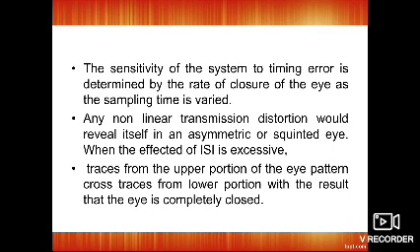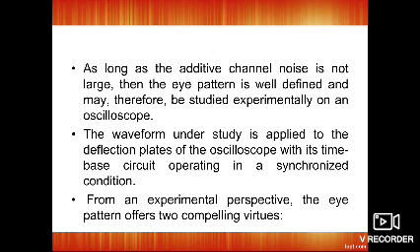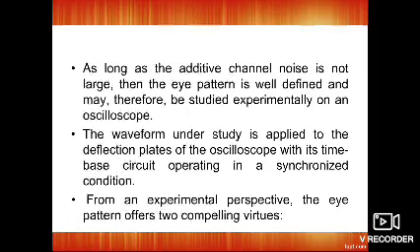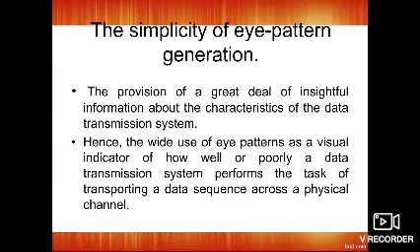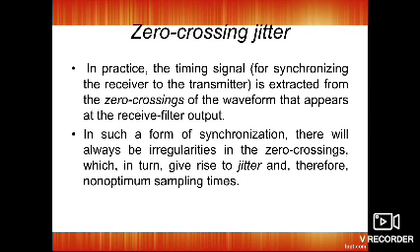This traces the upper portion of the eye pattern. As long as the additive channel noise is not large, the eye pattern is well defined, and simply it is the pattern which is used to analyze the inter-symbol interference.